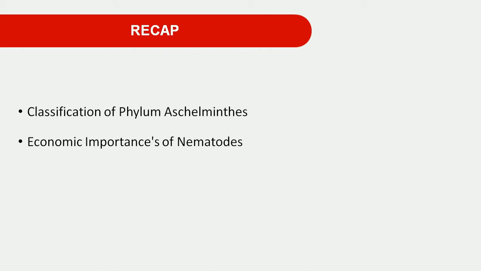Out of these 5 classes, the only successful class that flourished or evolved is known as the nematodes. We already went through the salient features and examples of the nematodes, as well as the economic importance of the class Nematoda.